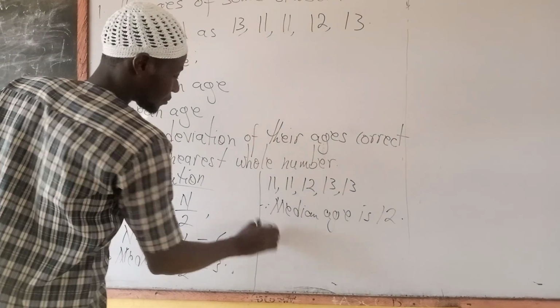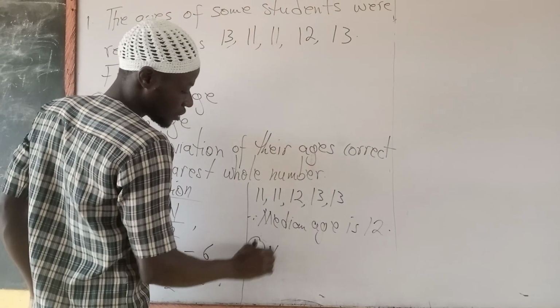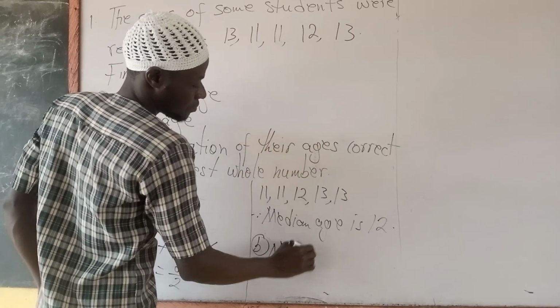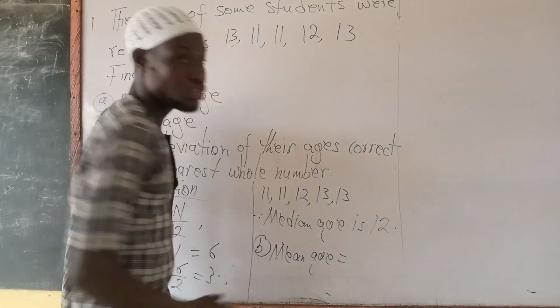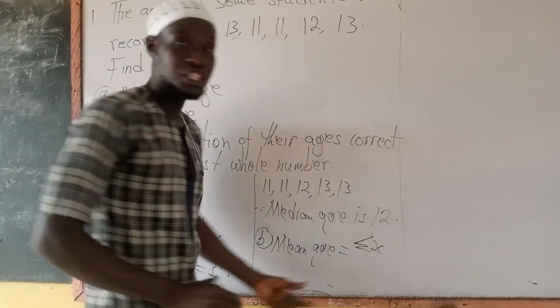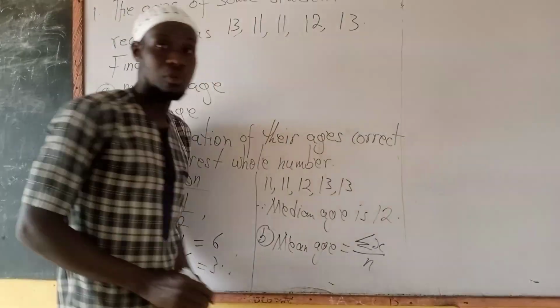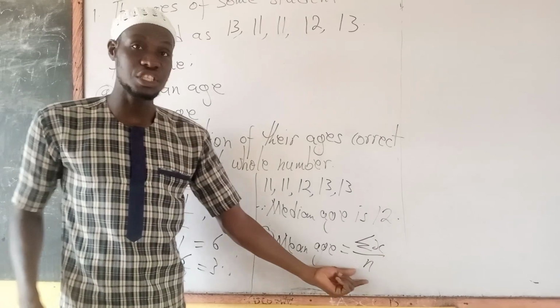Then B, mean age. The mean age should be equal to the sum of the ages of the students divided by the number of students, or the number of ages.